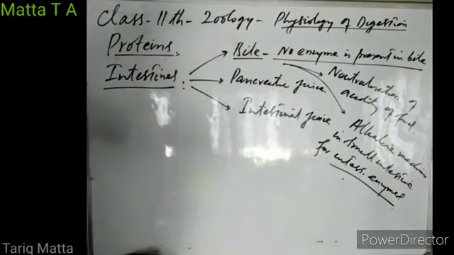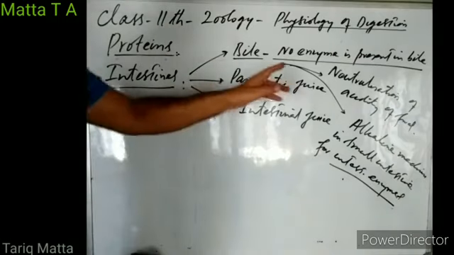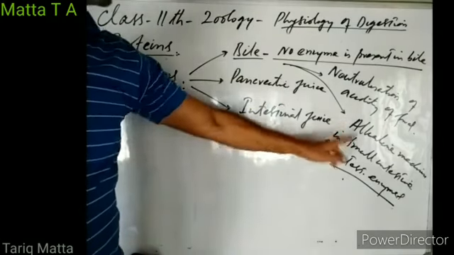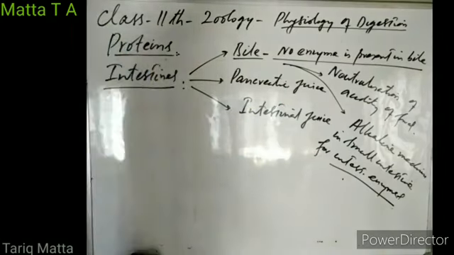So the function of bile is first to neutralize the acidity of food. It creates alkaline medium in the small intestine for intestinal enzymes to work properly.